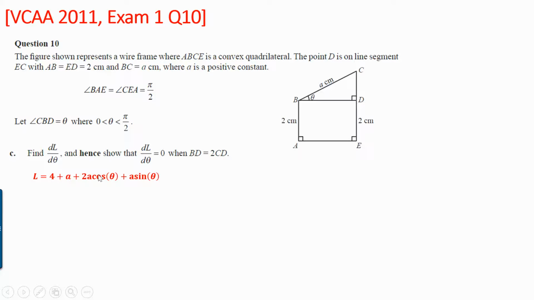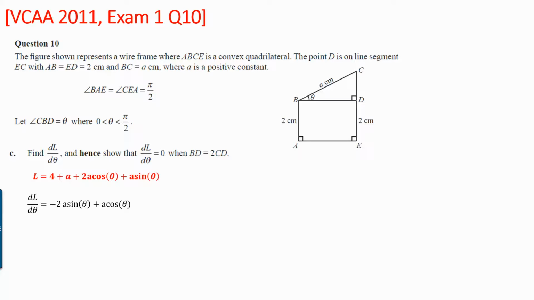The only things you had to differentiate were 2A cos theta and A sine theta. The derivative of sine is cos, so it's A cos theta. The derivative of cos is negative sine, so you get negative 2A sine theta plus A cos theta. So you found the derivative. Now, hence show that when it's equal to 0, BD equals 2CD. Now this might be tricky for some.